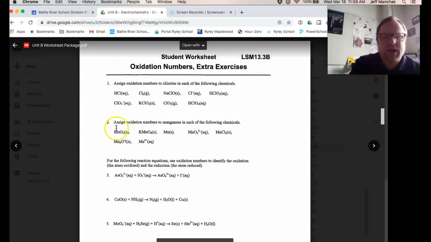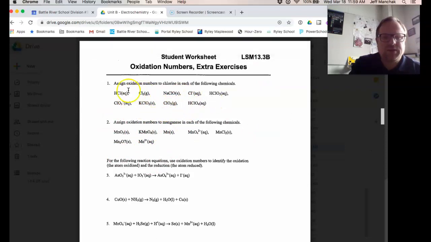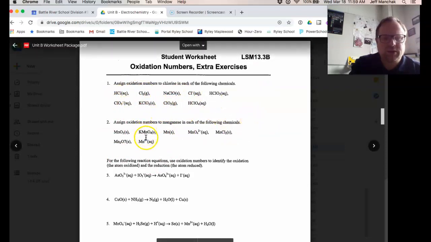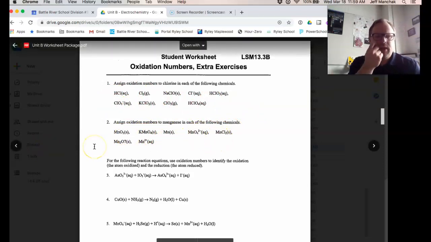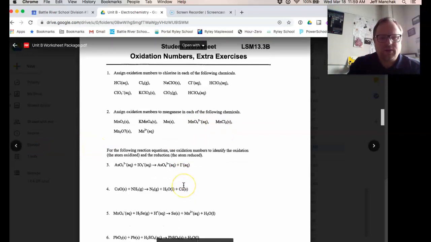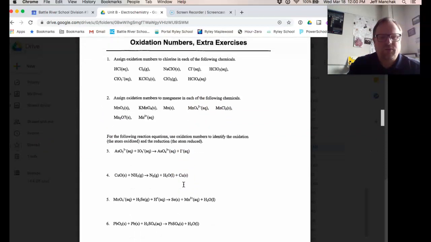It's going to give you some practice on identifying oxidation numbers in these first two questions here, and you can see we're working through manganese in lots of different forms on this one. And then the second thing, when you get down to questions 3, 4, 5, 6, 7, etc., is they're asking you to fill out oxidation numbers for these.